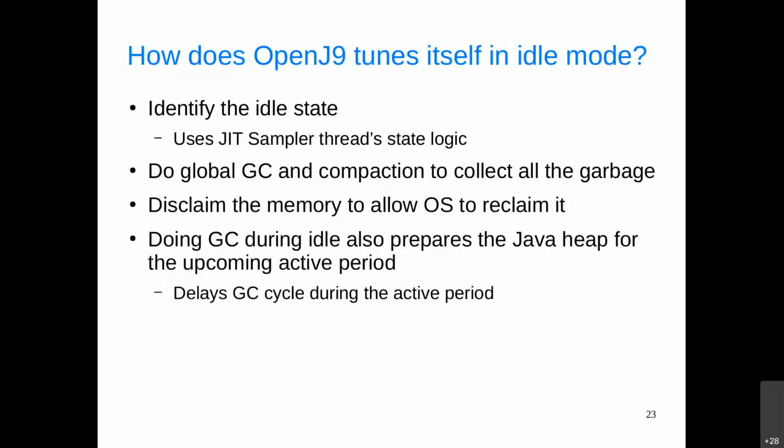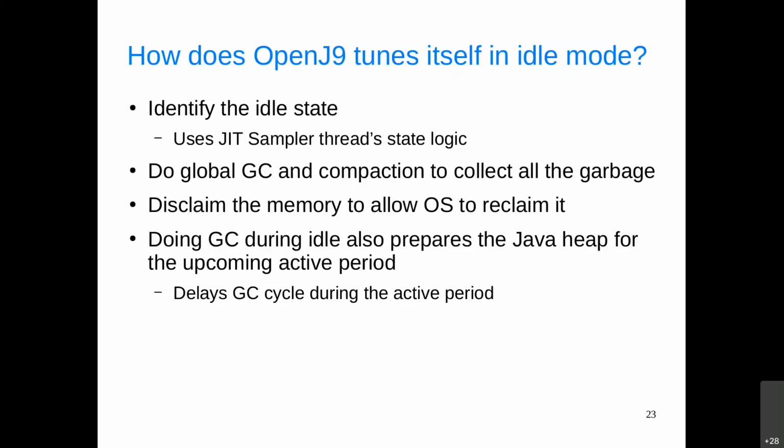So in OpenJ9, we have identified this opportunity, and we have added a mechanism using which OpenJ9 can detect when the application load has changed from the active to idle state. And we will look at the mechanism in the next slide.